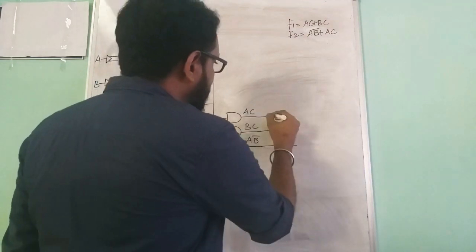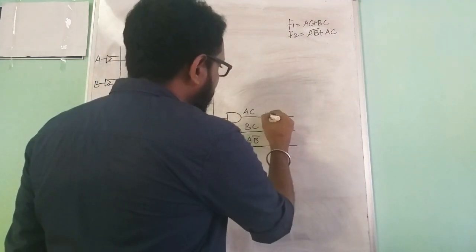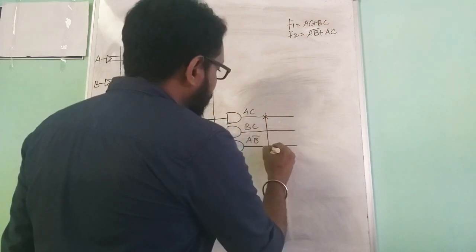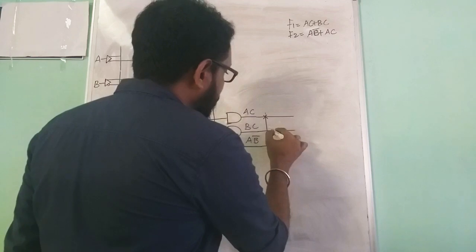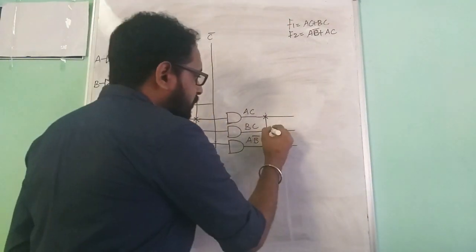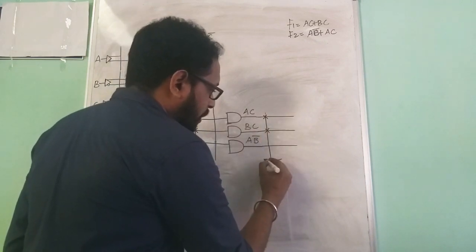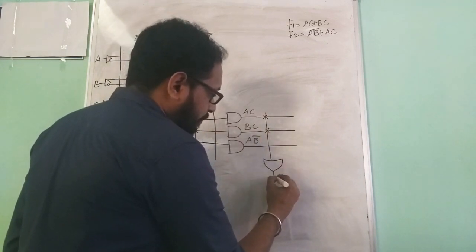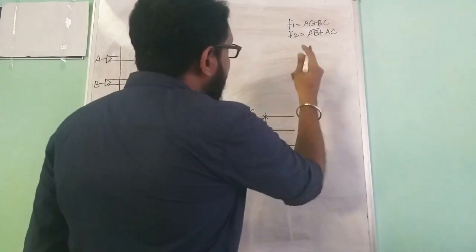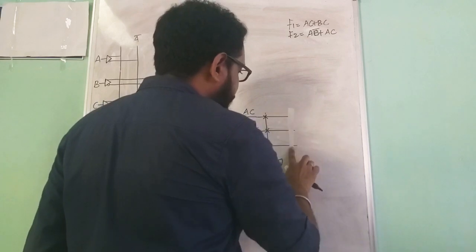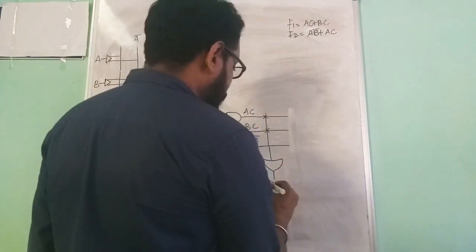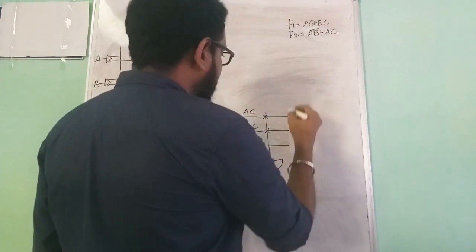F1 is AC plus BC. This is F1. Next, we have F1 and we need to construct F2, right? A B bar.